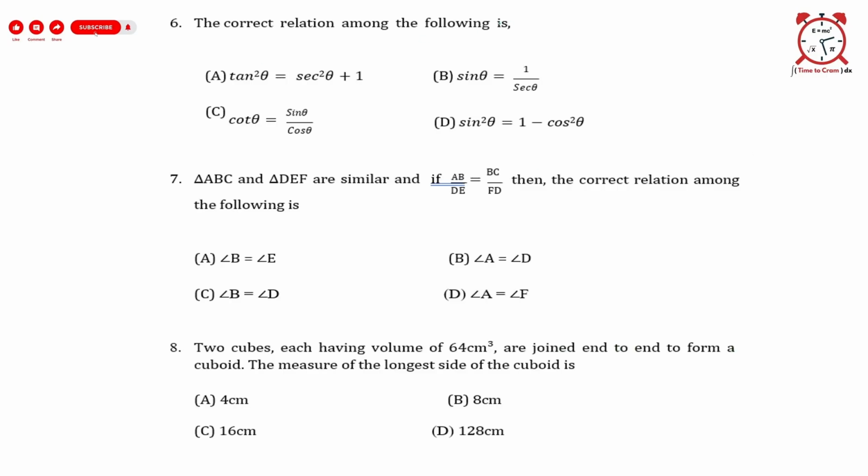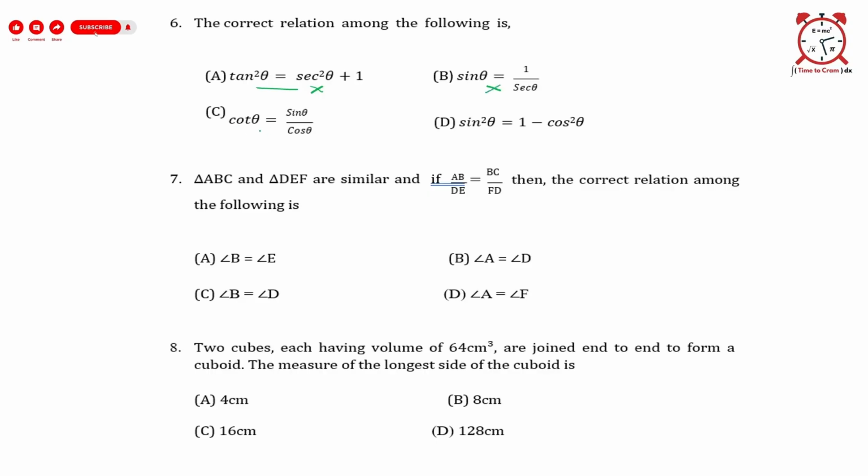So here we have to identify which identity is incorrect. It is incorrect because 1 plus tan square theta equal to sec square theta. So it is wrong. Sin theta and 1 upon sec theta are not multiplicative inverses of each other. So it is wrong.